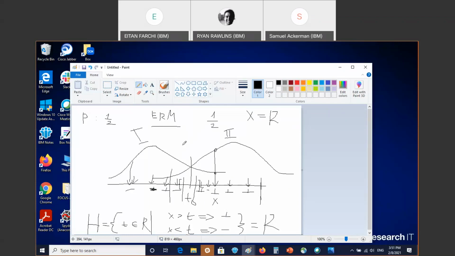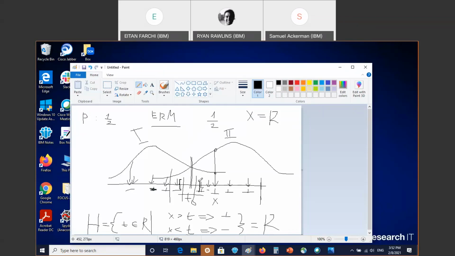Okay? Now, the interesting point is that this region contains the optimal Bayes classifier, and in fact, the more points we get, the smaller this region is going to get. Because the more examples we get, the more representative they will be, and we're going to narrow this region.